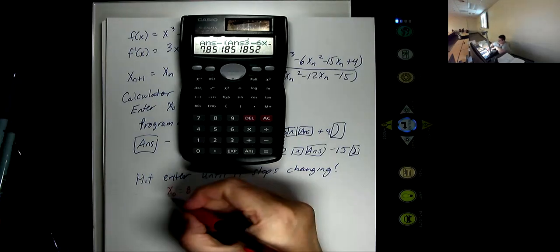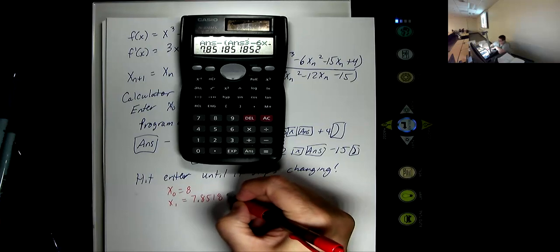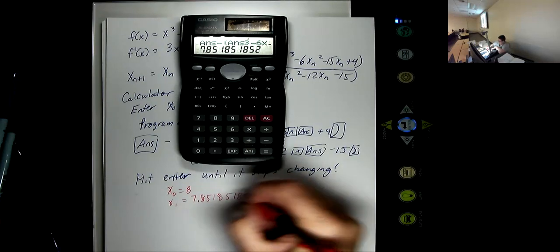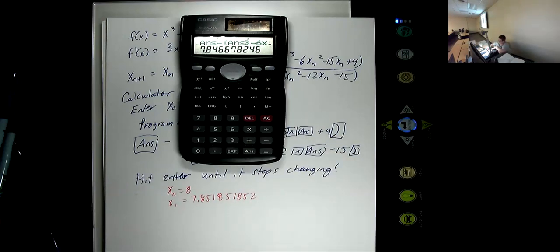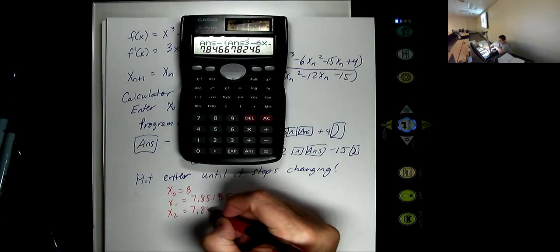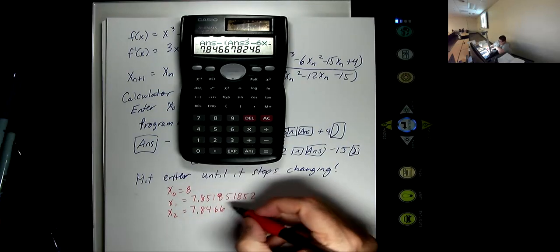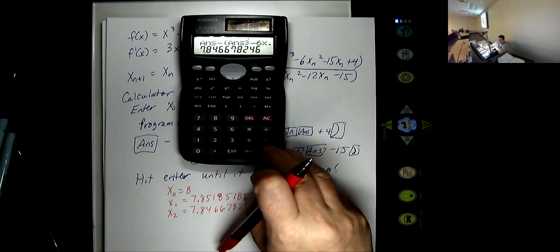And it tells me x sub 1 is 7.851851852. And I can hit equals again. And now it gives me x sub 2, 7.8466788246. And I hit equals again.